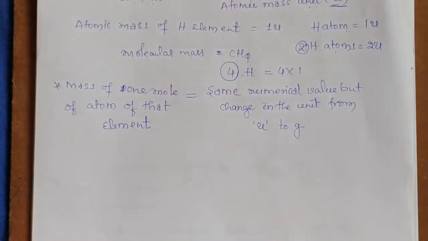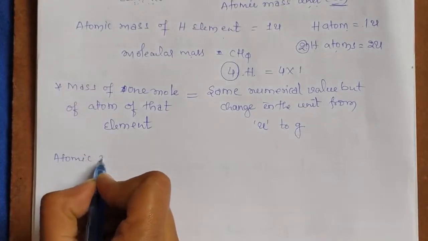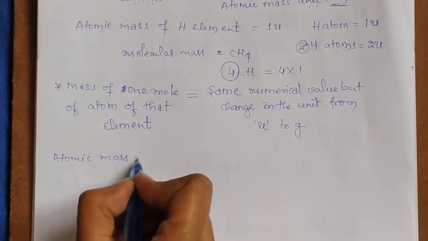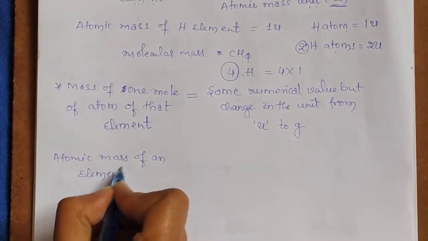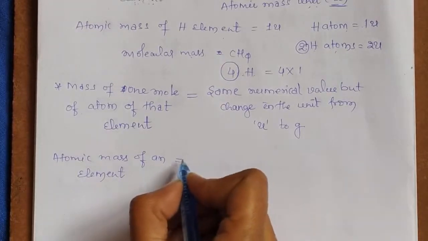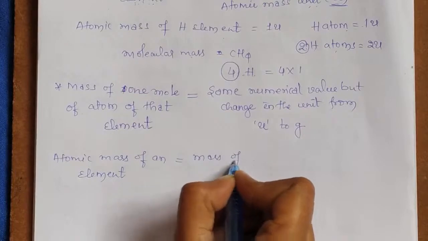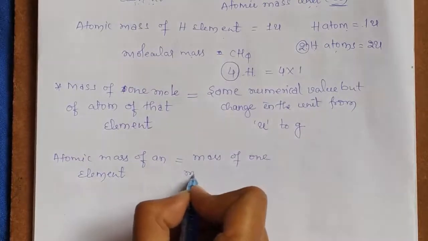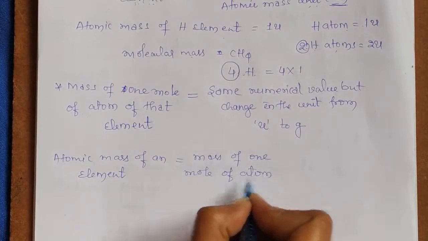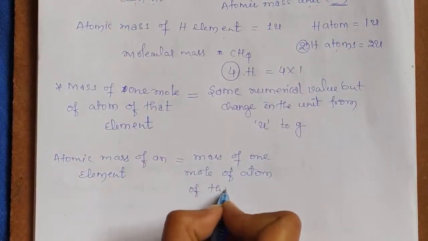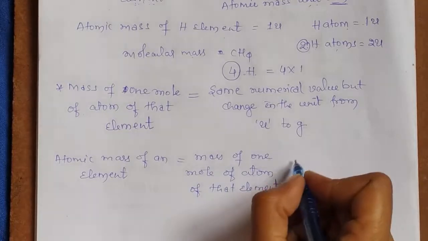Okay, see children, atomic mass of an element is almost the same as the mass of 1 mole of atoms of that element.